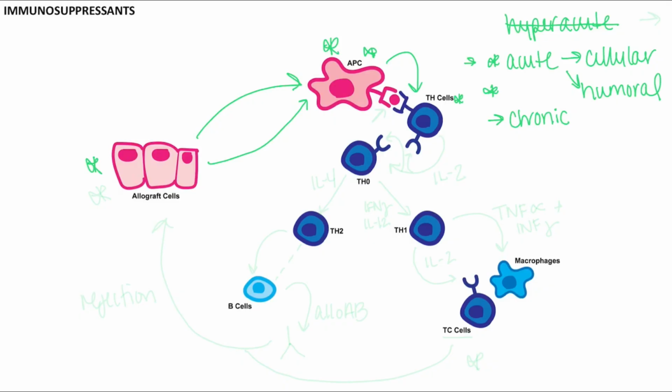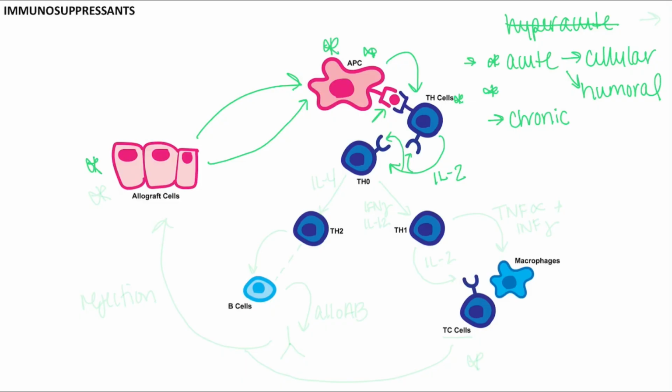And this presentation of alloantigens, whether it be a true alloantigen or just a donor antigen presenting cell interacting with the T cell, regardless, these will trigger the activation and proliferation of T helper cells to TH0 cells. And interleukin 2 will play a key role in this process and promotion of T cell related events.